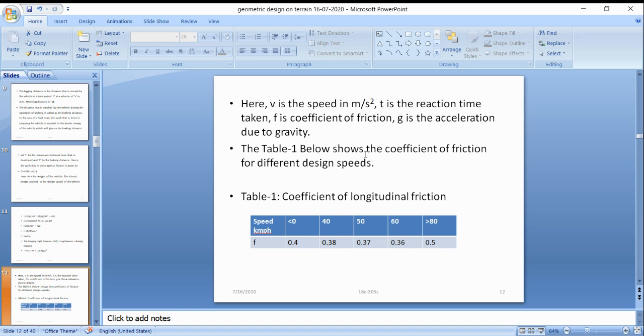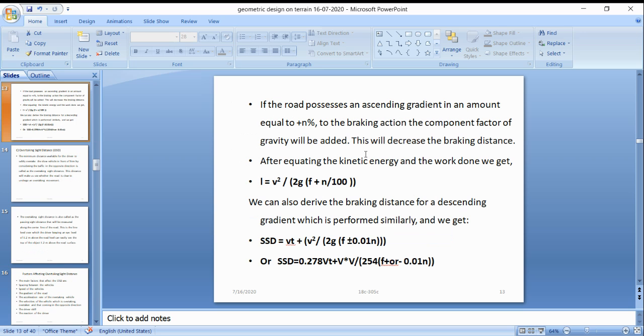Sir, here some speed is there. For the speed less than 30, it should be 0.5, and if it is 40, 0.38, let the friction be as given.